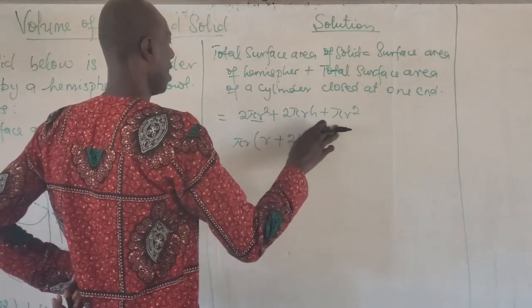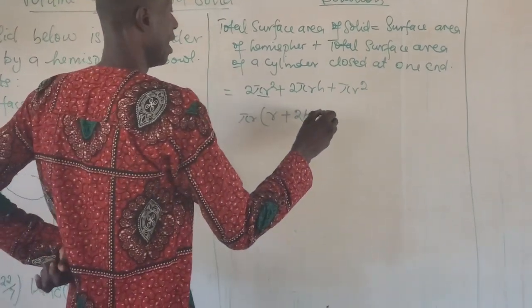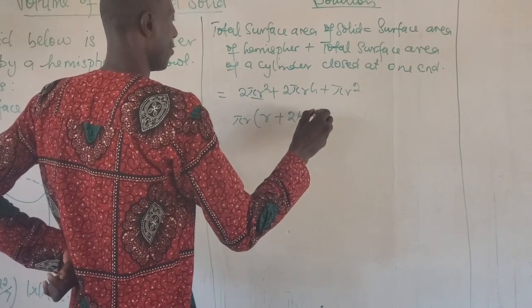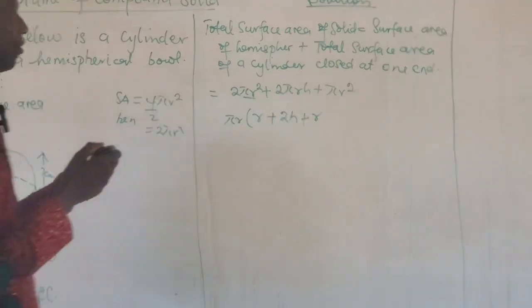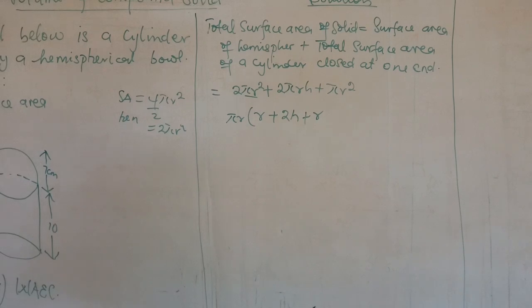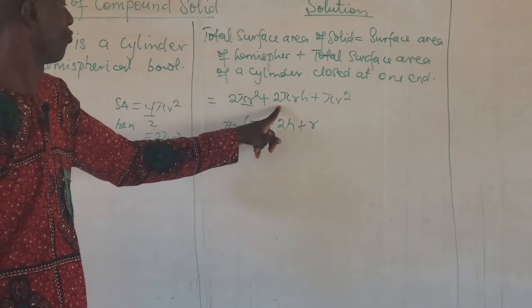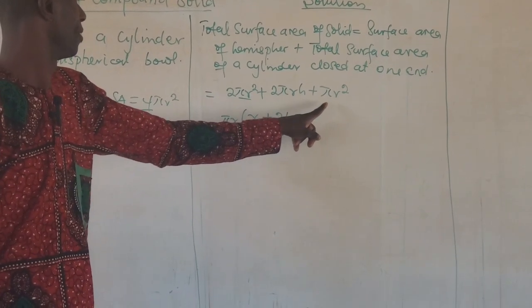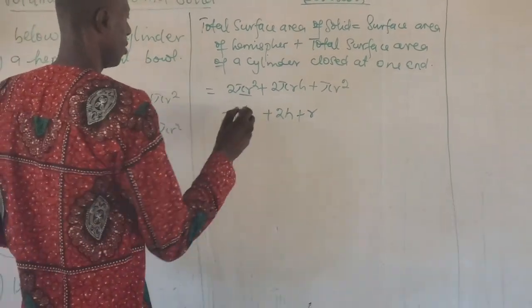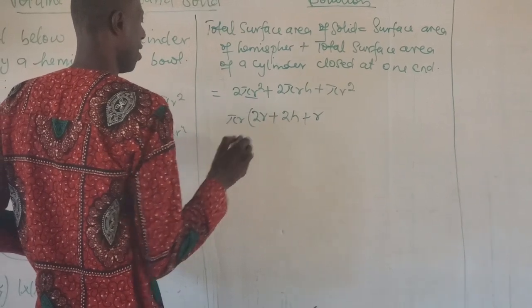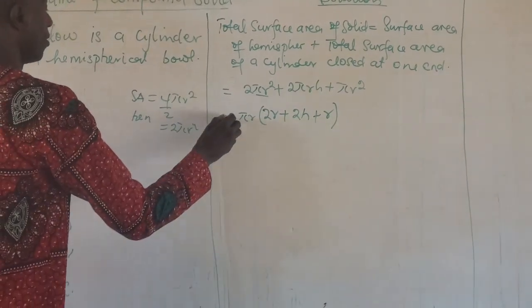If you take pi r from here, you are left with another 2r. Here is 2r, here is 2r.